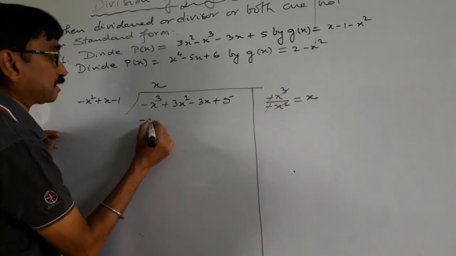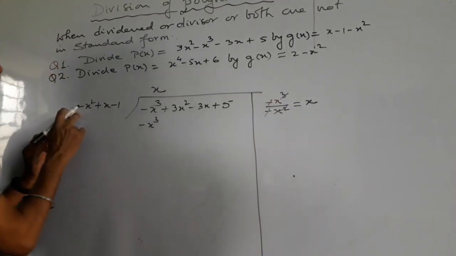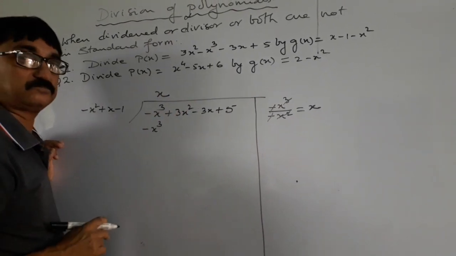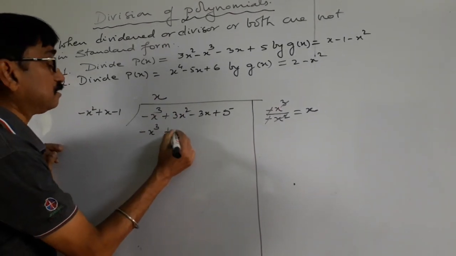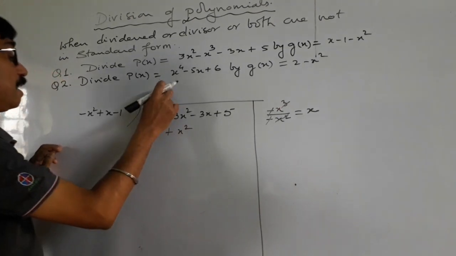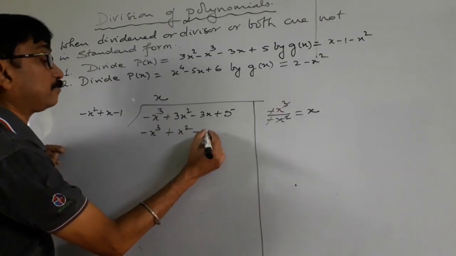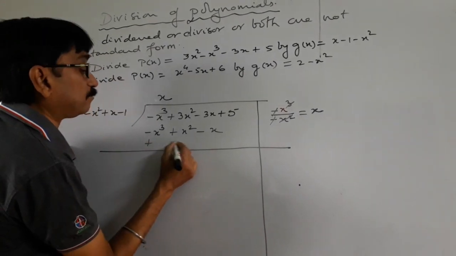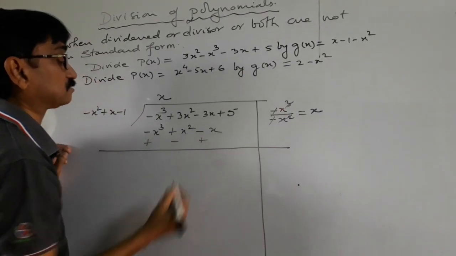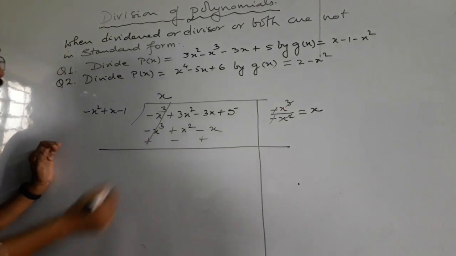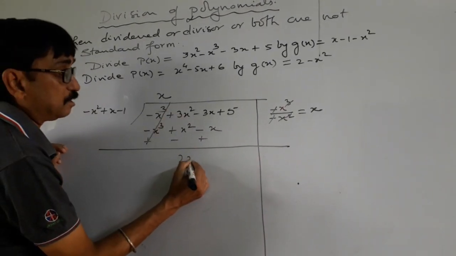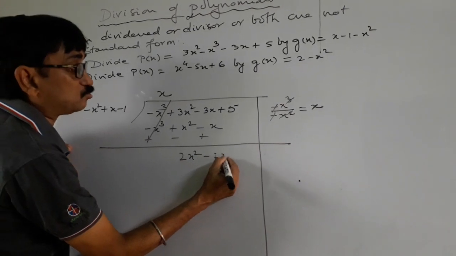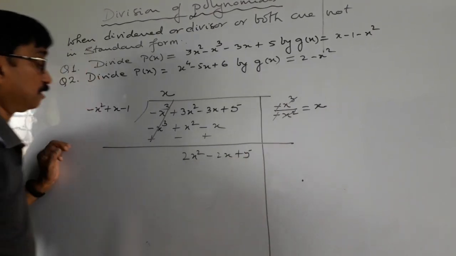Now x into minus x square is minus x cube, x into x is x square, x into minus 1 is minus x. Now we change the sign: plus, minus, plus.